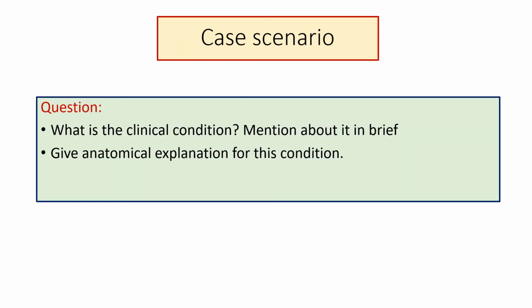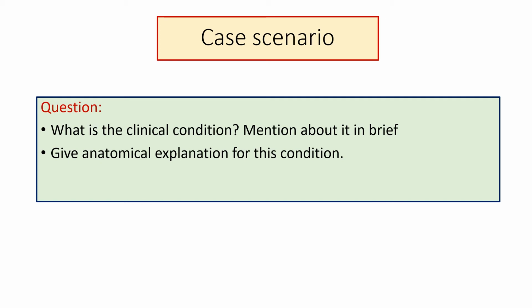Now let us recollect the case scenario where a tailor has come to the OPD with a history of pinprick injury to the right index finger and a complaint of redness, swelling and pain.